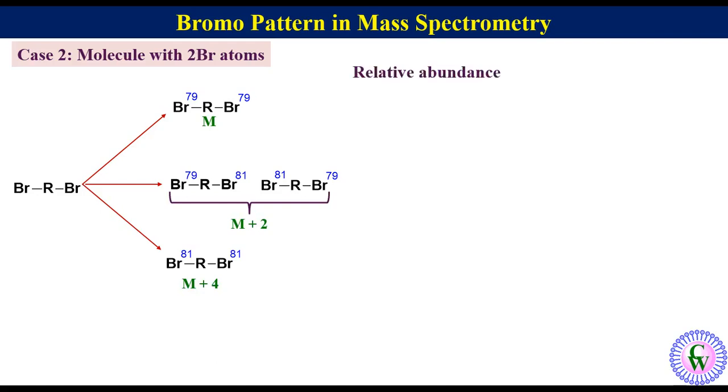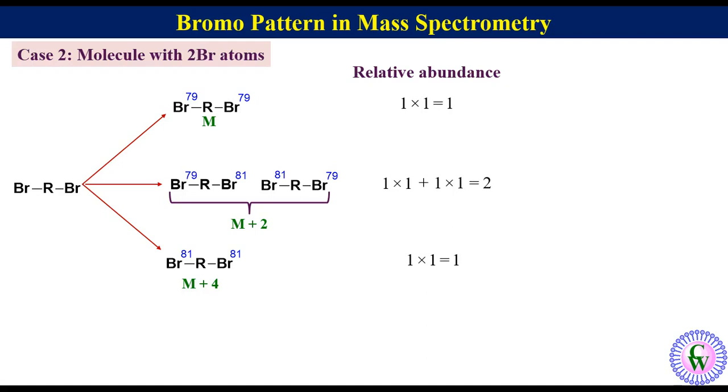Since the relative abundance of Br79 is 1 and that of Br81 is also 1, the relative abundance of M will be 1 times 1, equal to 1. The relative abundance of the M plus 2 peak will be 1 times 1 plus 1 times 1, equal to 2. And that of M plus 4 will be 1 times 1, equal to 1.